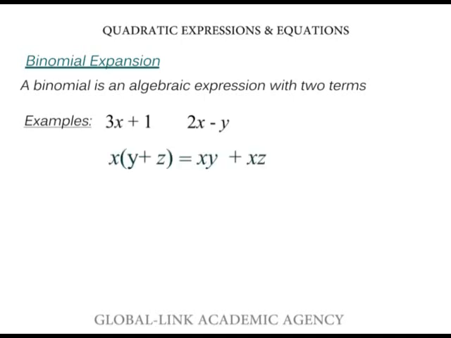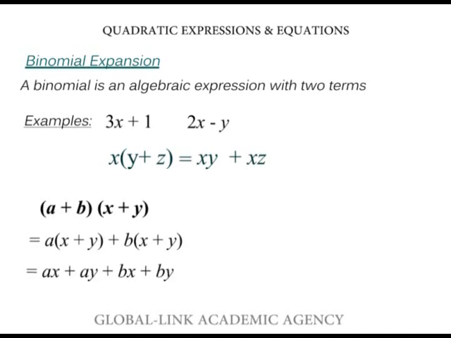Since x(y + z) is equal to xy + xz, then (a + b)(x + y) is equal to a(x + y) + b(x + y), which gives us ax + ay + bx + by.